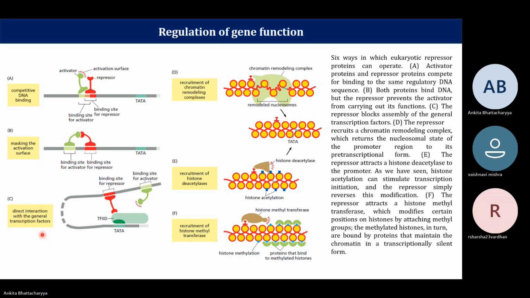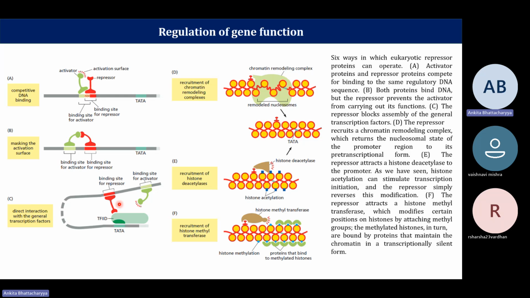Third, direct interaction with general transcription factors or GTFs can also occur. Here you have the TATA box onto which GTF TFIID is bound directly, and because the repressor binding site is closer, when a loop is formed, the repressor protein bound to its binding site is able to bind to the general transcription factor and prevents it from binding to the activator, preventing the direct interaction between these two or the activation of the gene of interest.